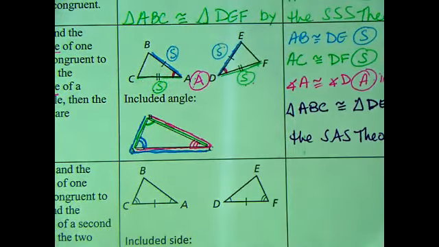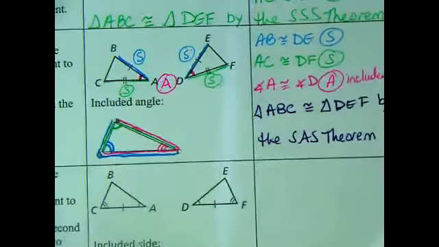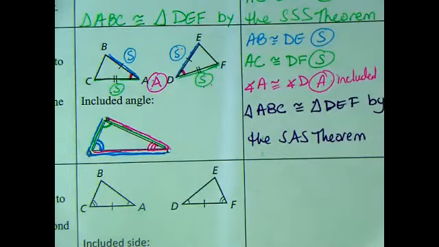Depending on the two sides being used in your triangle, your included angle will change. It's based on which two sides you're actually able to prove are congruent. I'm not just going to randomly choose two sides. It's about which two sides you have information about.